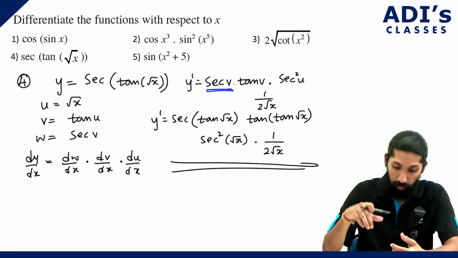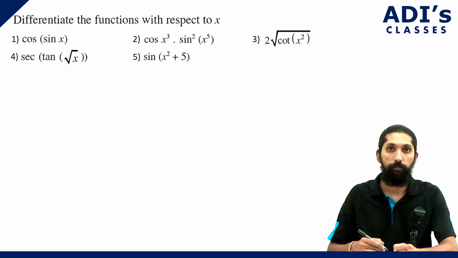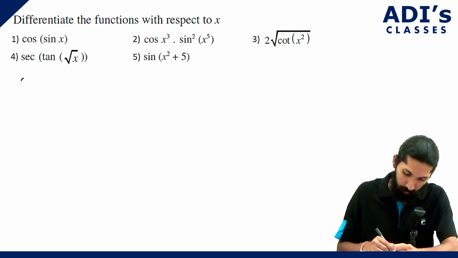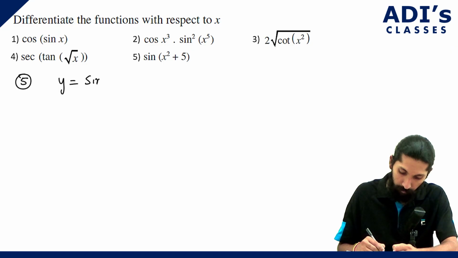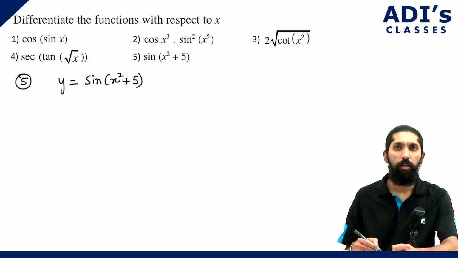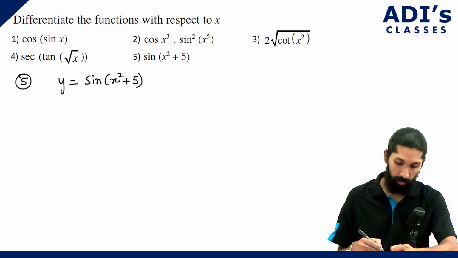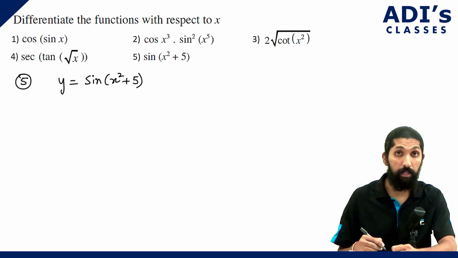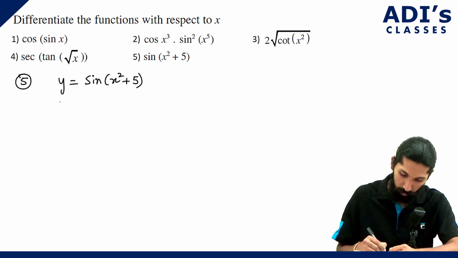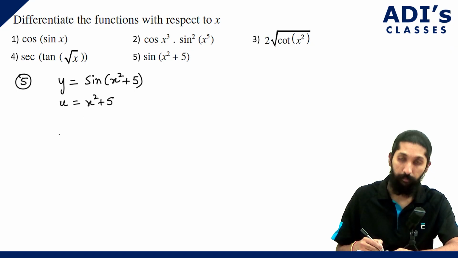All right, now let's do the last one. See the last one, you have y is equal to sine of x square plus 5. Quite an easy one. All right, so what do we do? We take the inside function, say u is equal to x square plus 5.